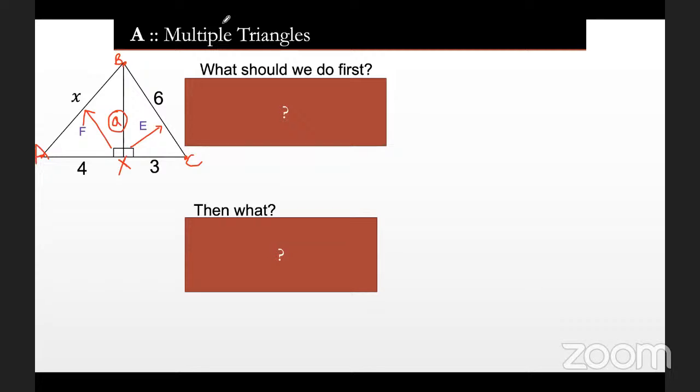PEMDAS is more American. So when you learn about BODMAS, you must always remember that there's an order of operations. So you have to do what's inside that bracket first. Square it first before you add or before you subtract. You do your powers before your addition and subtraction.